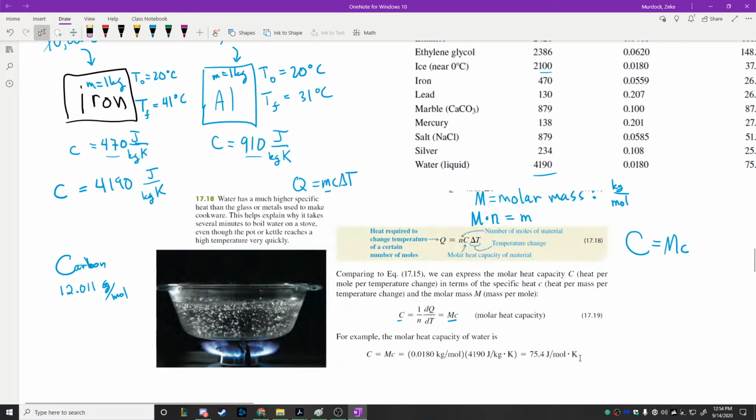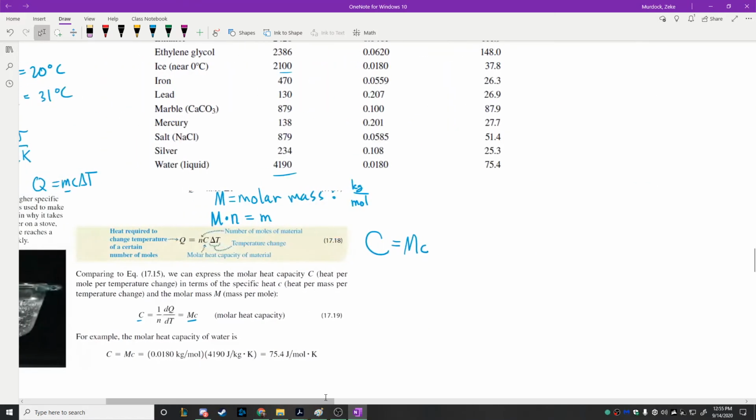And it's going to be specifically relevant when we talk about gases, because as it turns out, molar heat capacity, for gases at least, is going to depend on whether you're talking about constant volume or constant pressure.